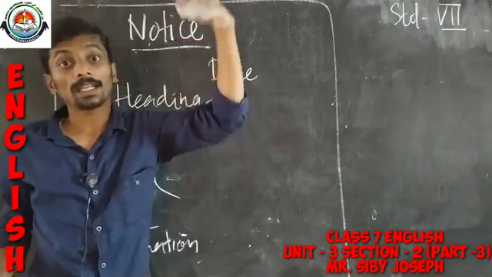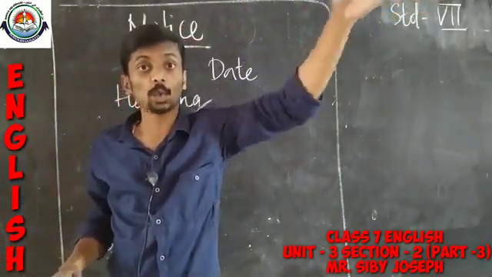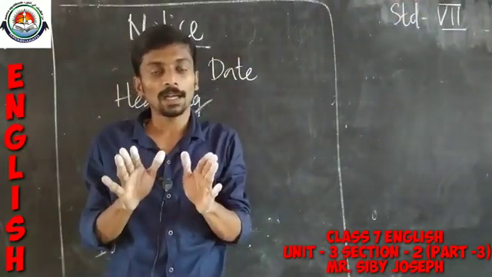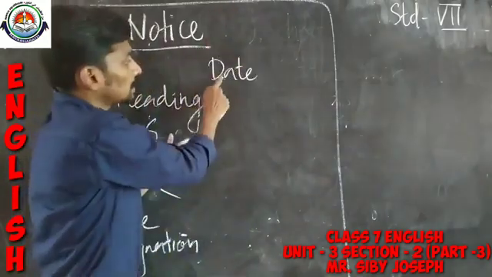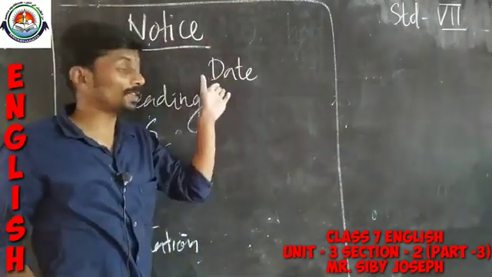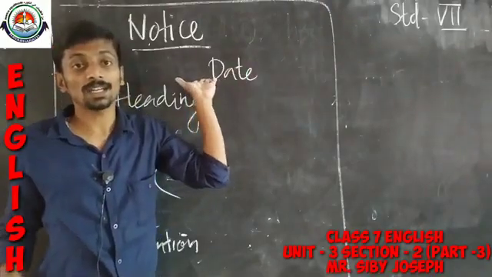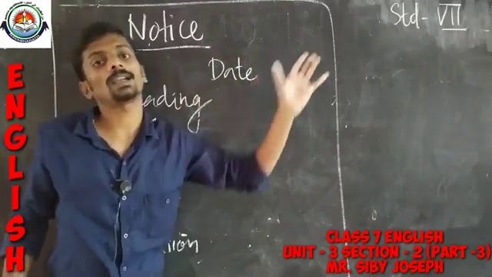For example, in the coming week you will have a function, and you have prepared a notice about that and put it on the notice board. So, this date refers to when the notice is being published. Here you have to mention the date on which the notice is being published.